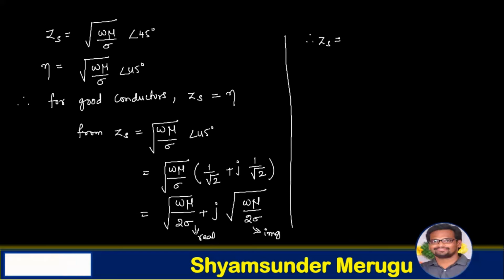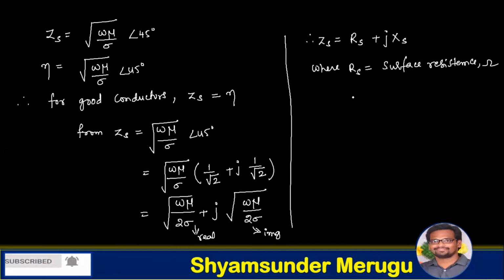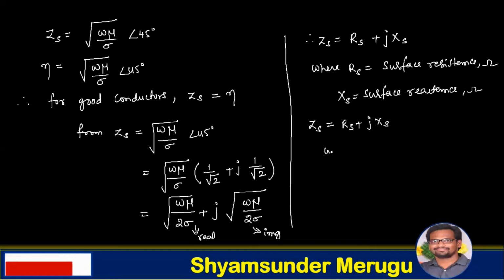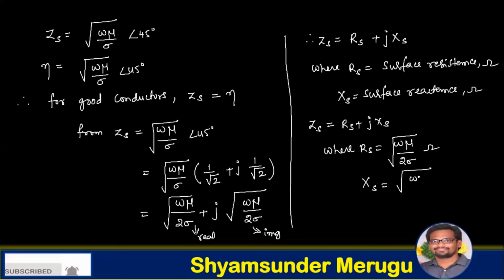Therefore, Zs equals Rs plus j Xs, where Rs is the surface resistance given in ohms and Xs is the surface reactance in ohms. So Rs is square root of omega mu over 2 sigma in ohms and Xs is square root of omega mu over 2 sigma in ohms.